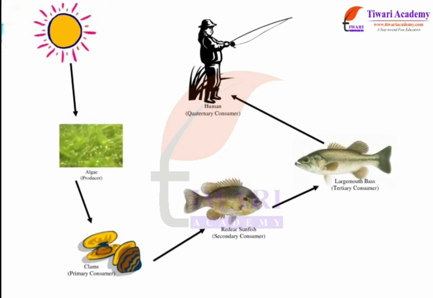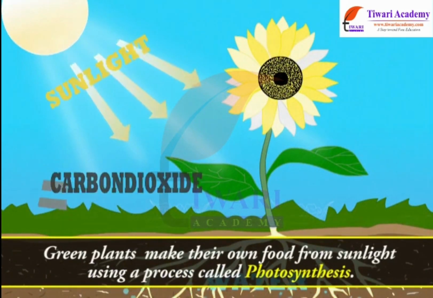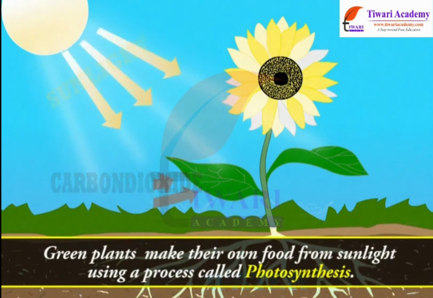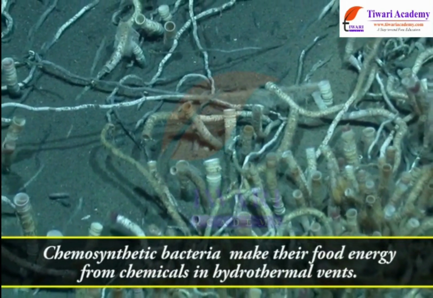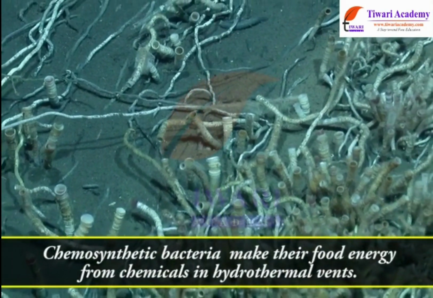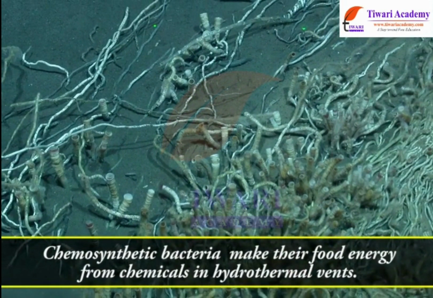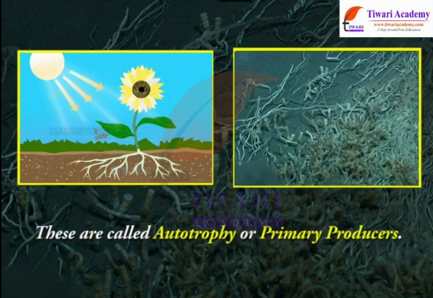For example, green plants make their own food from sunlight using a process called photosynthesis, and chemosynthetic bacteria make their food energy from chemicals in hydrothermal vents. These are called autotrophs or primary producers.